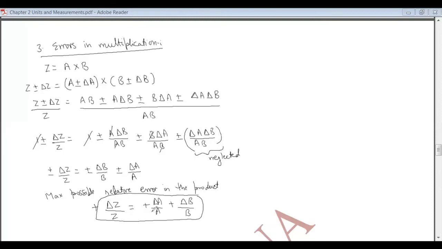Okay, so in multiplication we find out the relative error. So the maximum possible relative error will be equal to the sum of the relative errors in individual measurements. Next we'll find out errors in division.